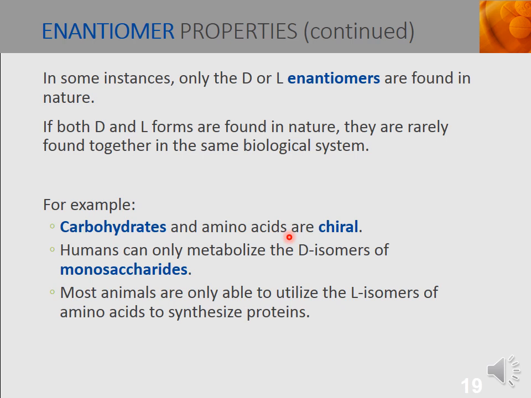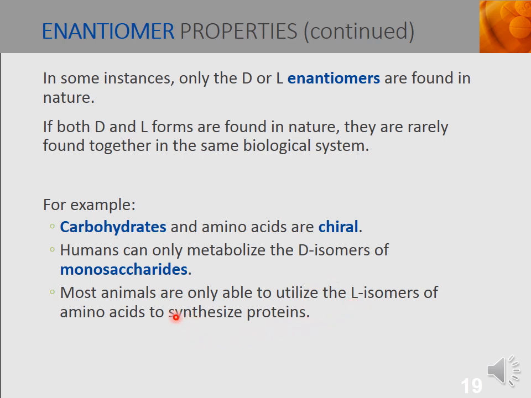Now it is shown clearly from the examples that the D and L forms cannot exist in the same biological system. If we look at the difference between humans and other animals, it is very clear that humans can only metabolize the D isomers of monosaccharides, while most animals are only able to utilize the L isomers of amino acids to synthesize proteins.